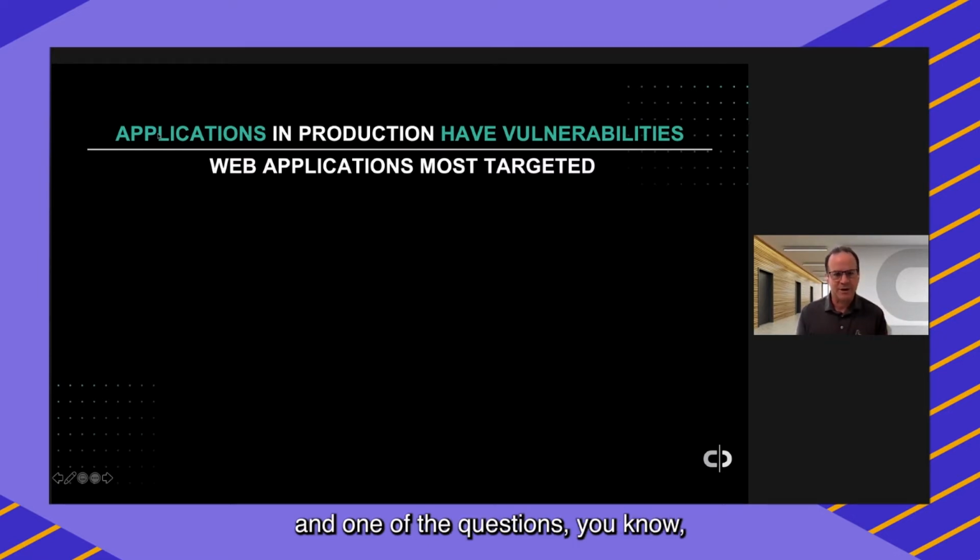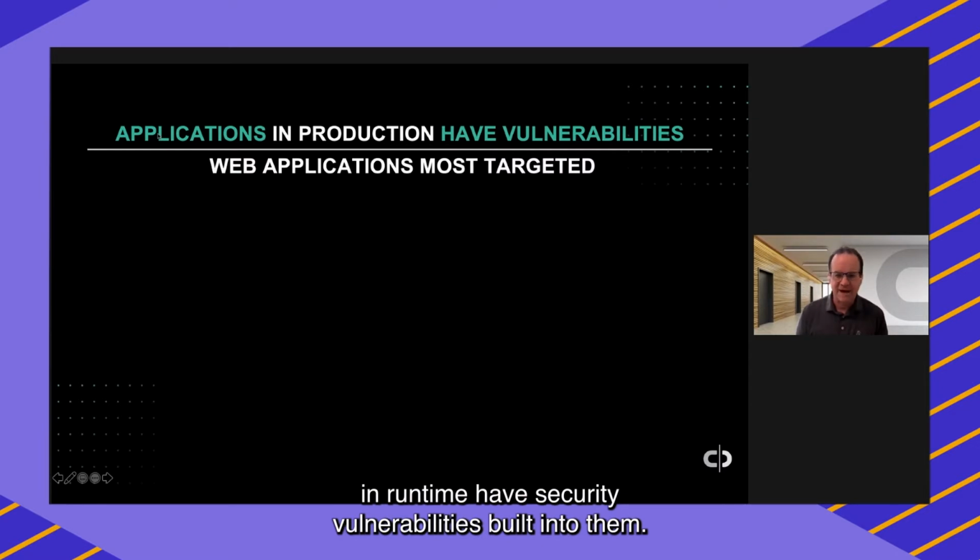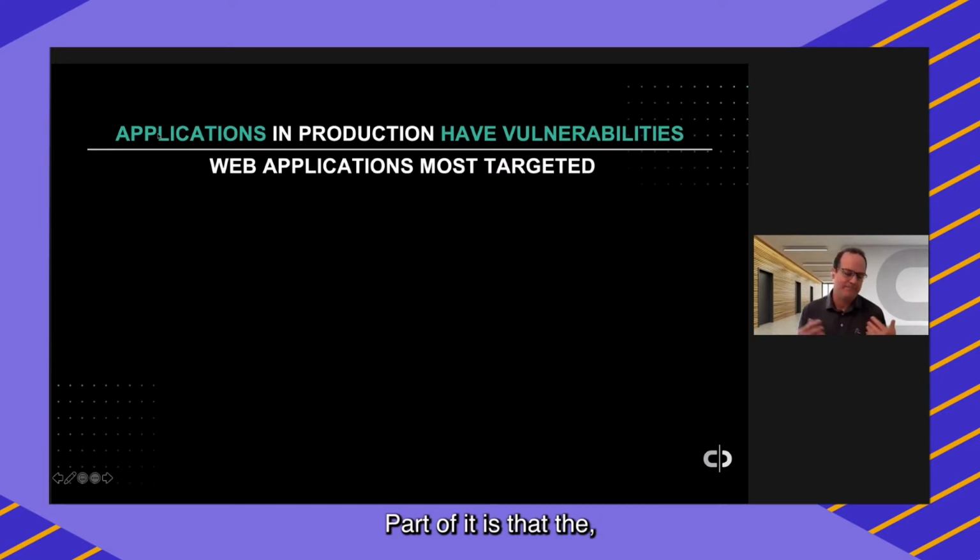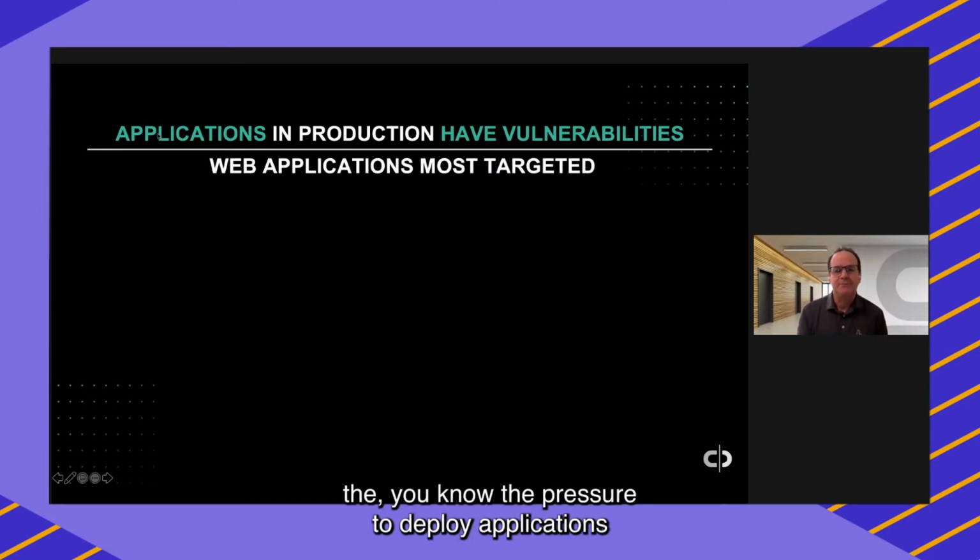Why application security? Well, the reason is almost all applications in production, in runtime, have security vulnerabilities built into them. There's a lot of reasons for that. Part of it is the pressure to deploy applications into production more quickly for competitive reasons.